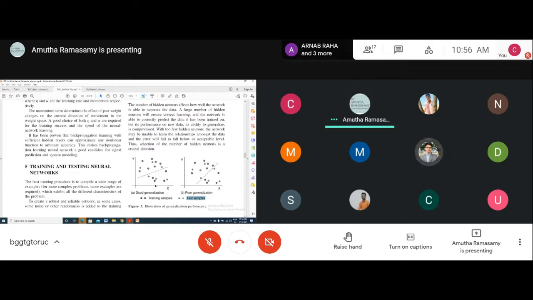Ma'am, second thing: during the training time we are using numerical values, right? Is it possible that we can use string characters as training set data? Definitely.